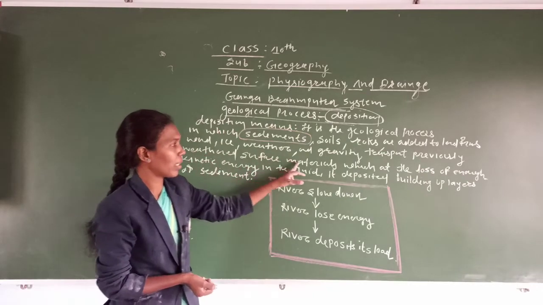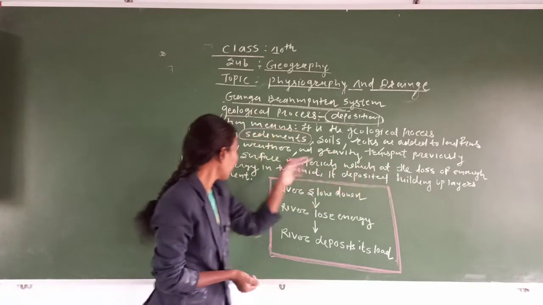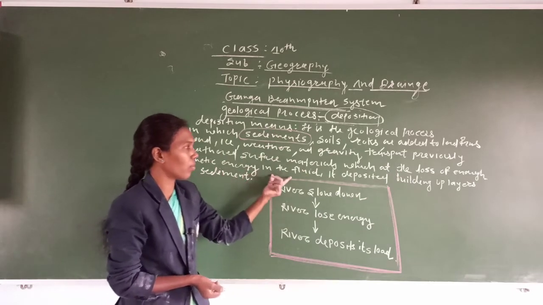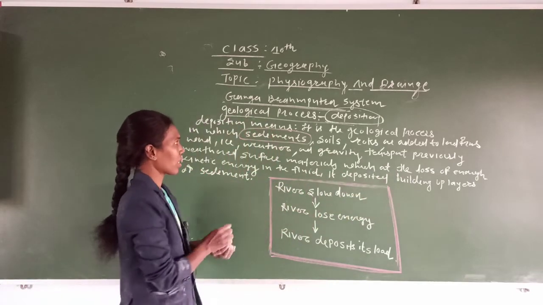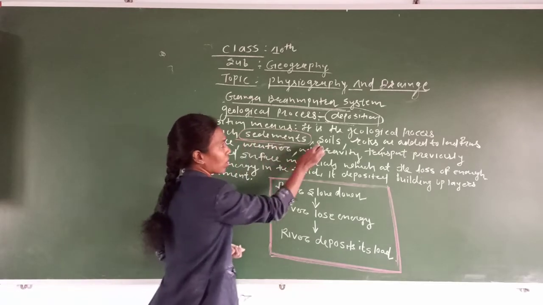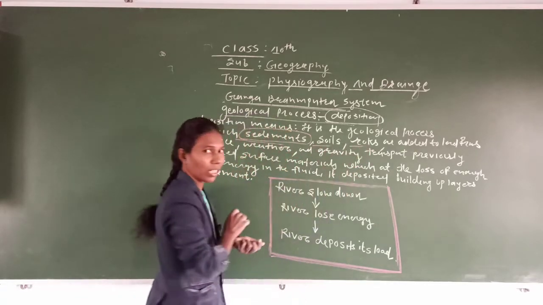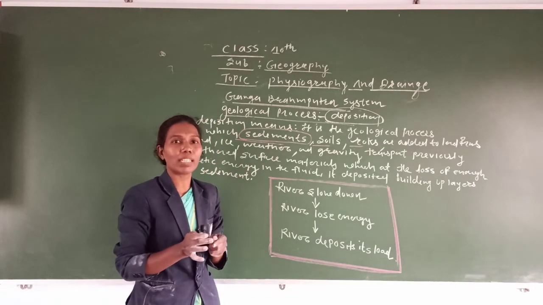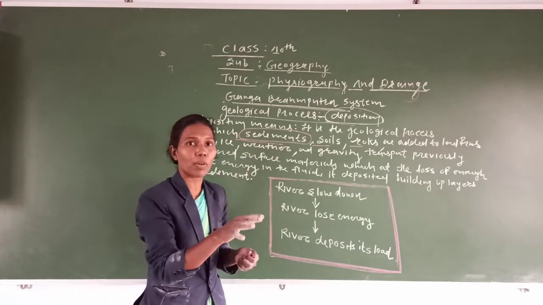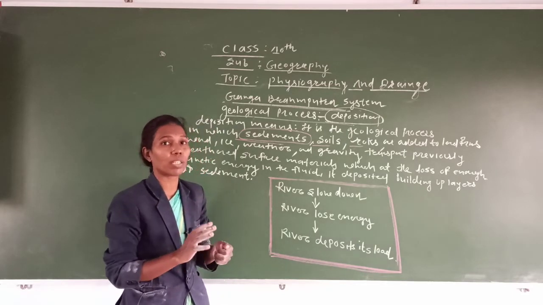Weathered surface material, on losing enough kinetic energy in the flood, is deposited, building up layers of sediments. Whatever sediments, soil and rock are carried with the flow of the river, when the force of the kinetic energy stops, all the materials of the river are deposited. This is known as depositional work.